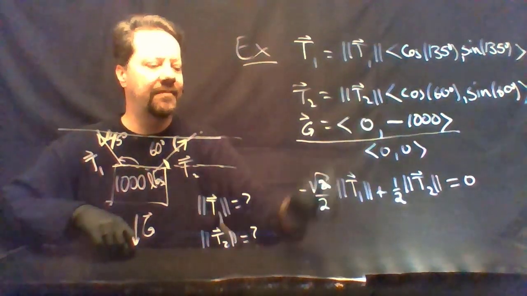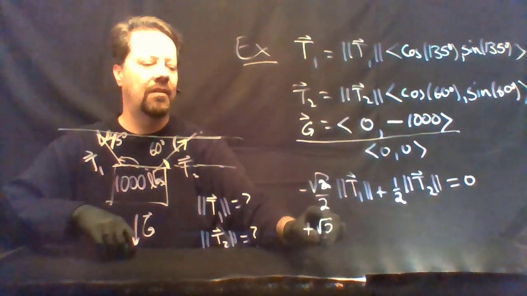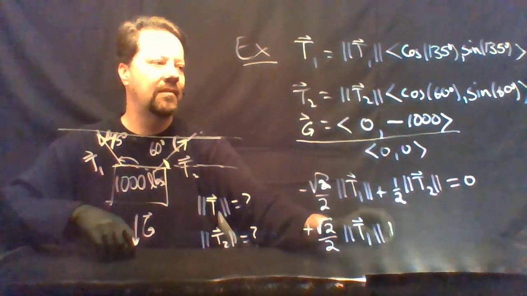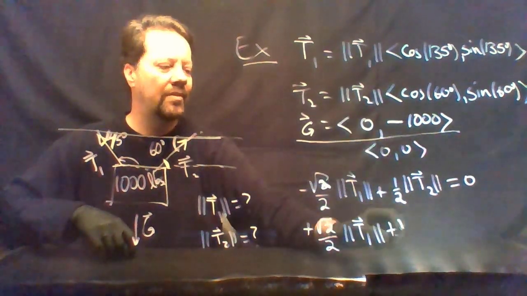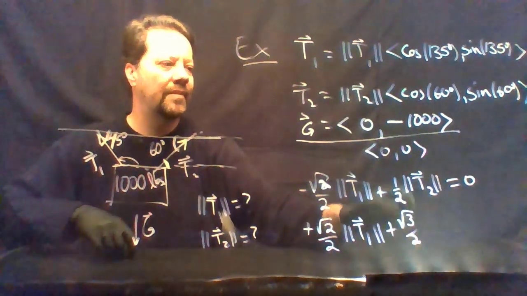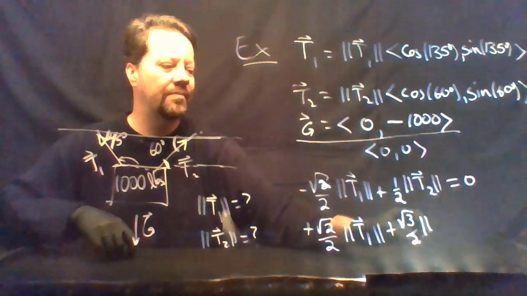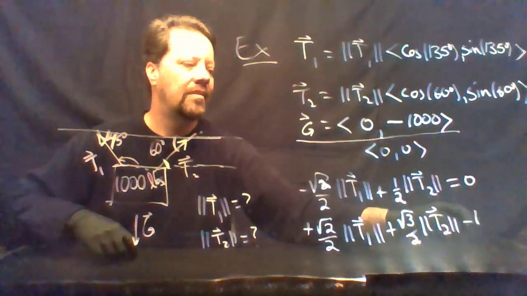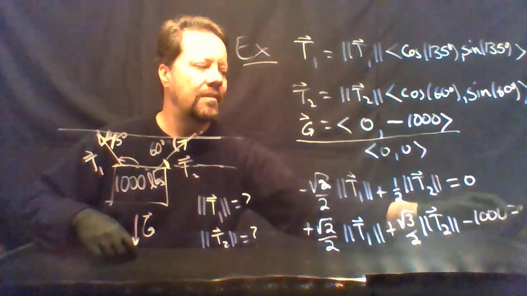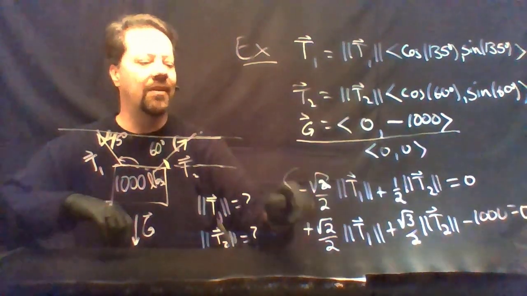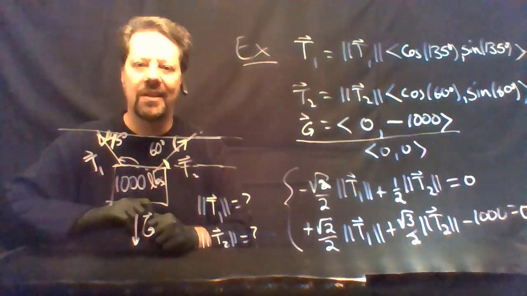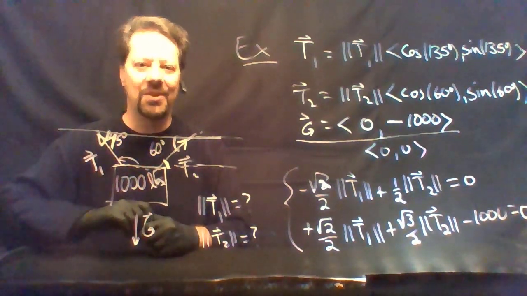Then positive root 2 over 2 norm of T1 plus square root of 3 over 2 norm of T2 minus 1,000 equals 0. We have then two equations in two unknowns, so we should be able to solve them.